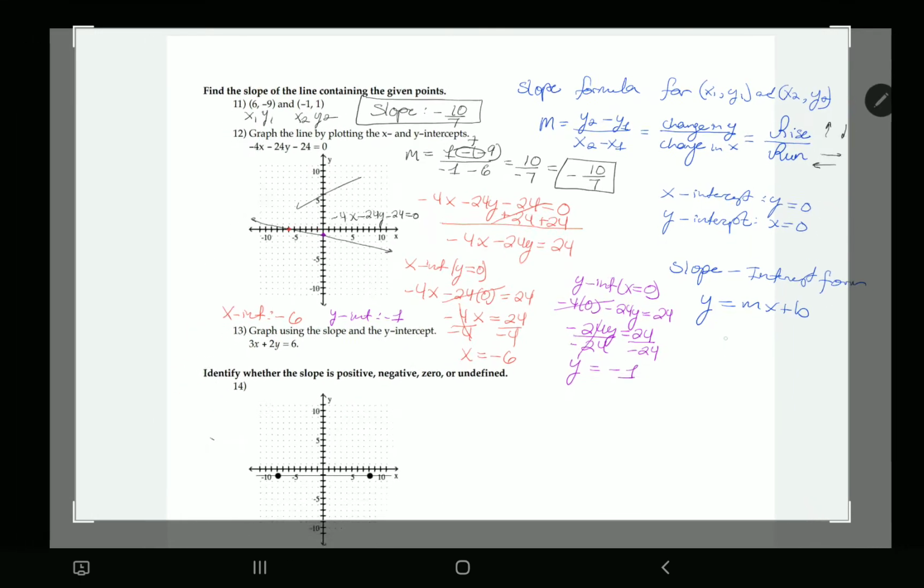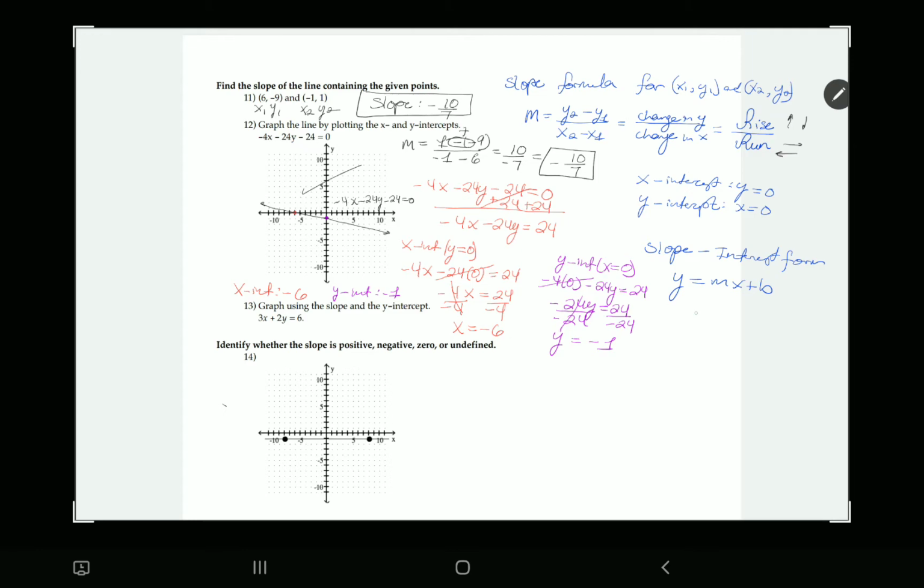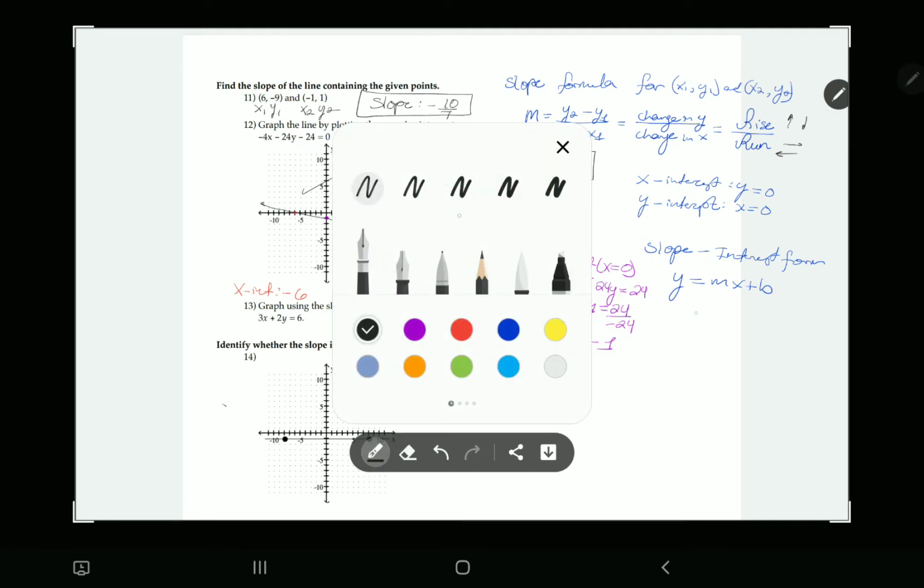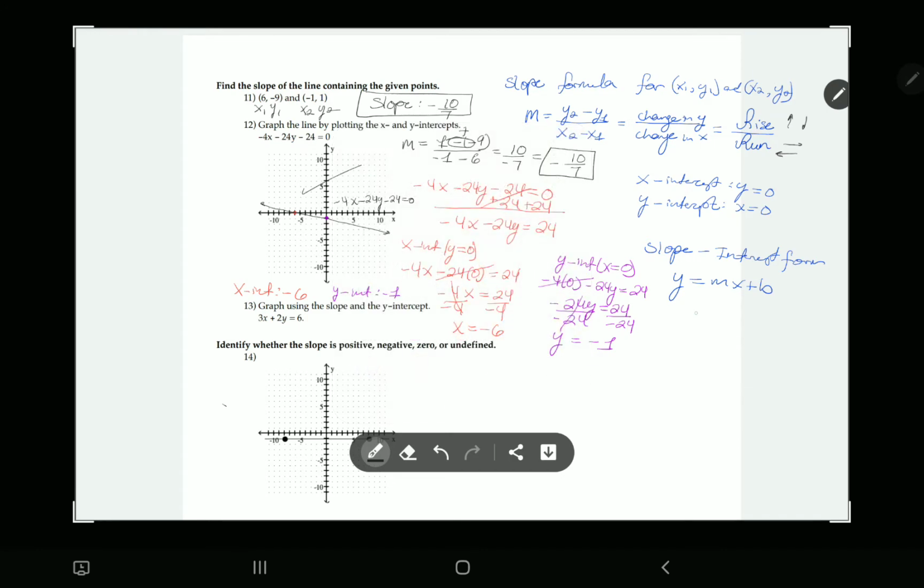So for slope and y-intercept, it must be in the form y equals mx plus b. So I'm going to do number 13 in black. Okay, make it a little bit bigger. Number 13, which is over here.